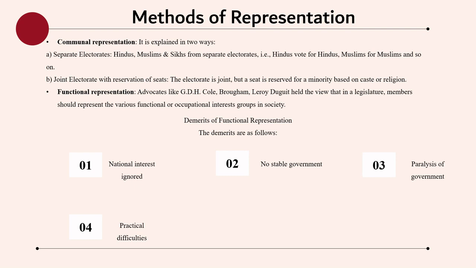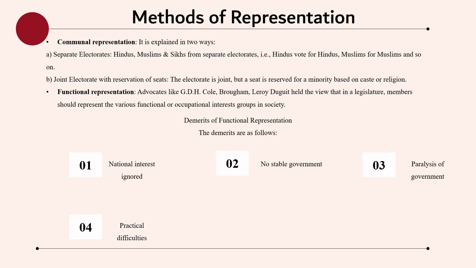religion. This system was introduced by the British in India through the Minto-Morley reforms 1909 and also through the Montford reforms 1919.